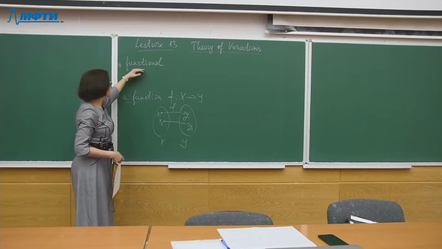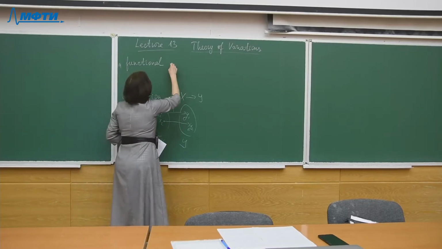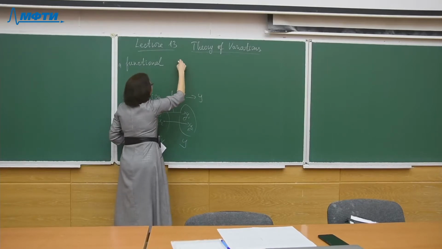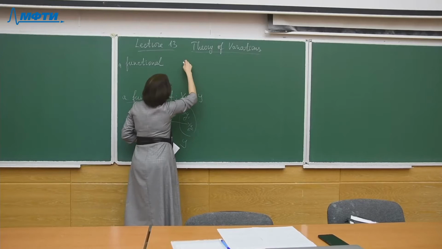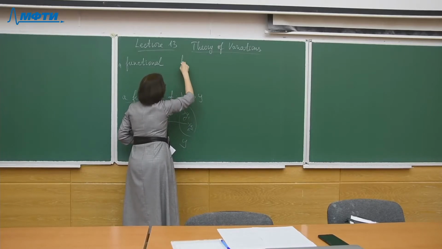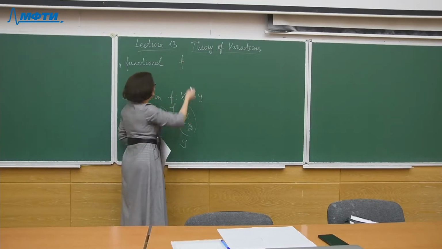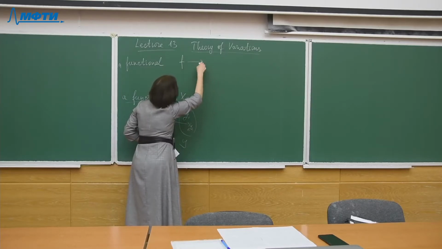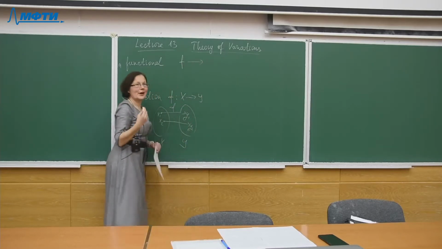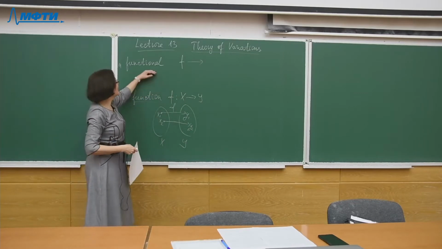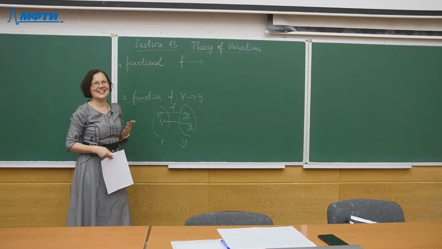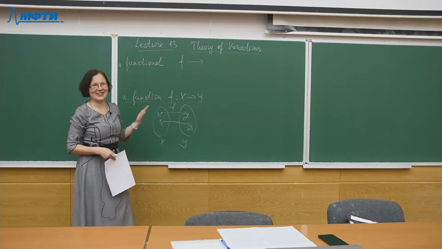So a functional associates a number to a function. So we take some function f and we associate a number to functions, right? So the arguments of these functions are functions.